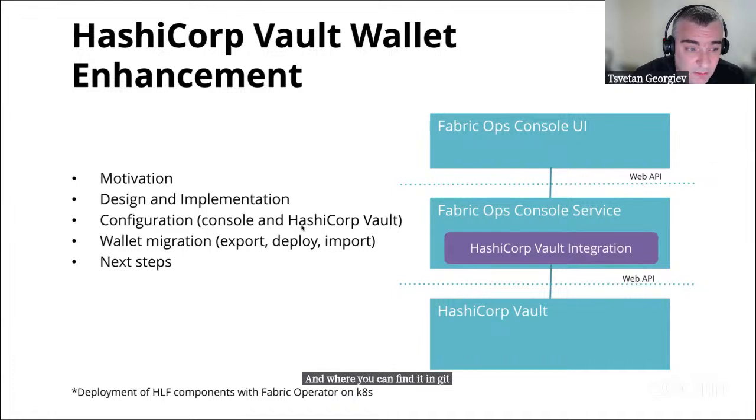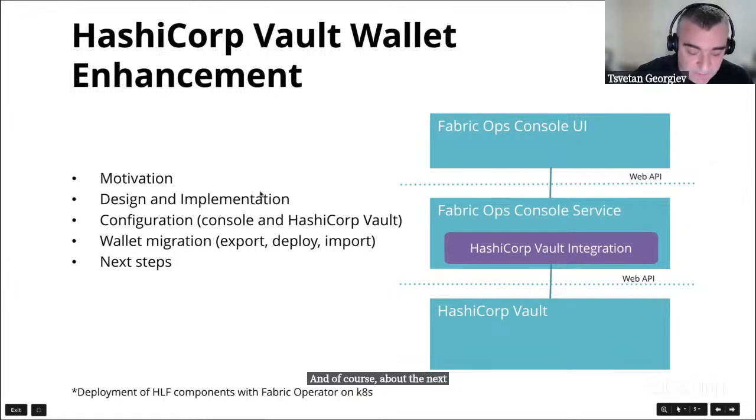I'll talk about how to configure that with a real example, and I will do the wallet migration. So let's say you have a console already running and you want to flip the wallet from the in-browser store-based wallet to a HashiCorp Vault-based wallet. And of course, about the next steps.